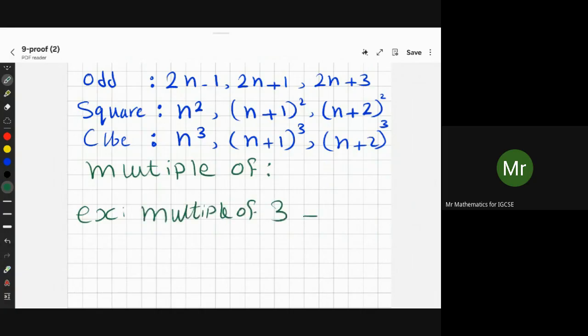A multiple of 3 would be 3 multiplied by something, like 3n. It is a multiple of 3. Multiple of 2, 2n, and so on.